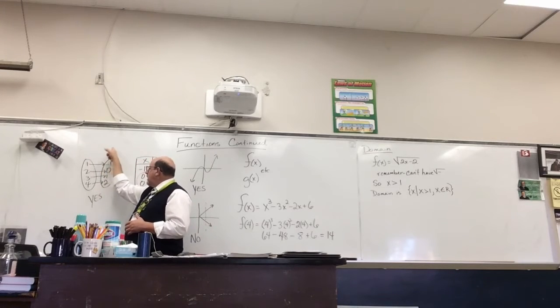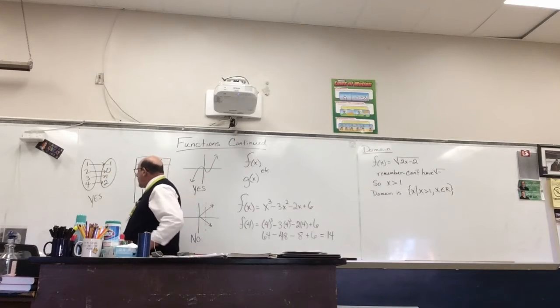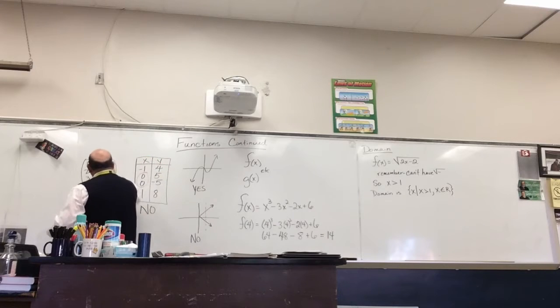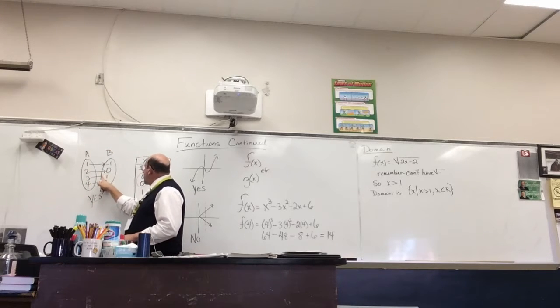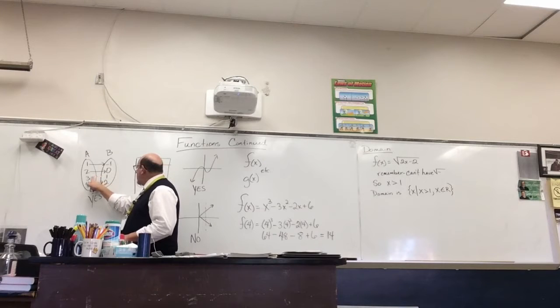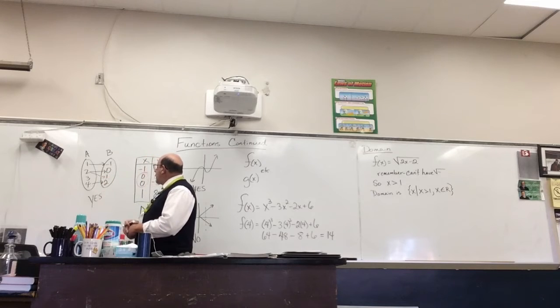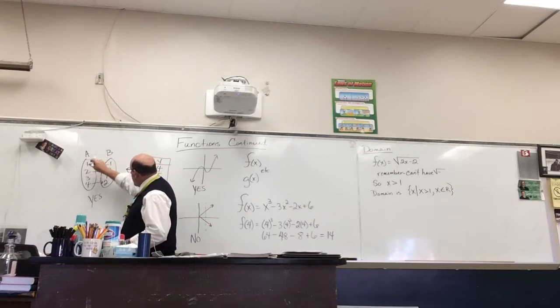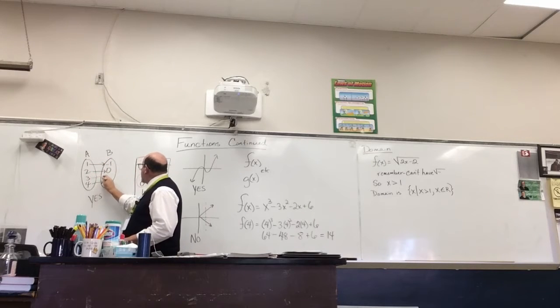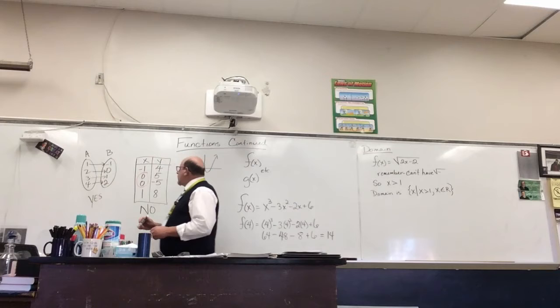So with set A and set B, we see that there's only one arrow coming out of each number from set A. If there had been something different, like two arrows coming out of 2, then we would say that's not a function. But since we originally had just the one arrow coming out of each, yes, this is a function.